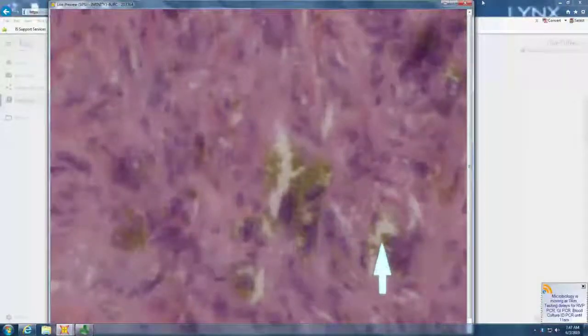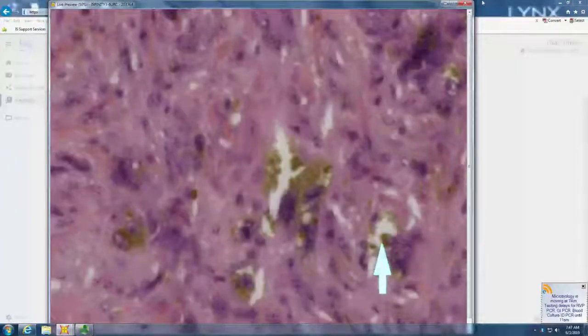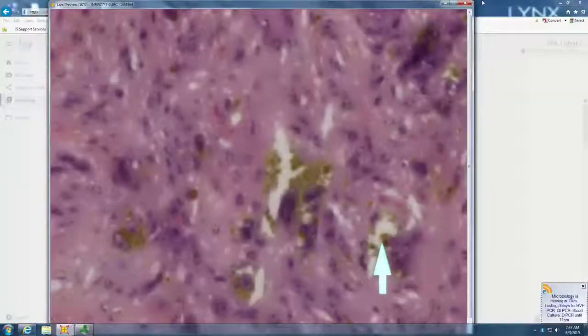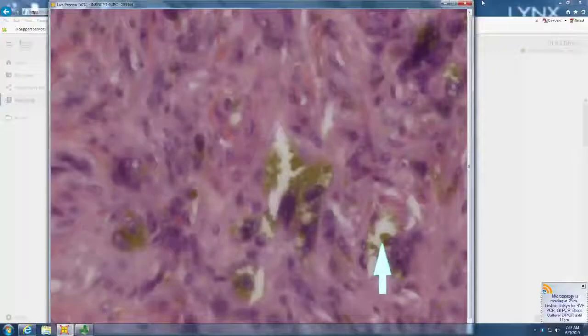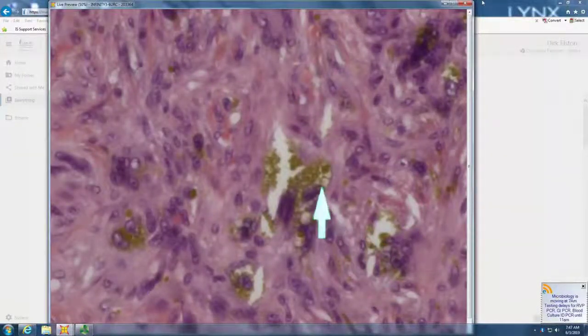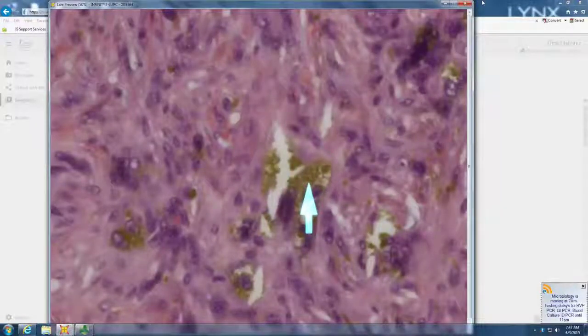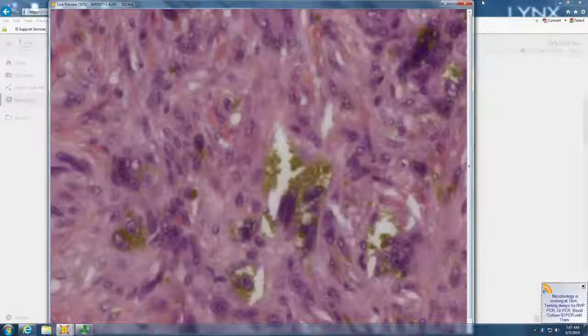If they twinkle at you and they're refractile, and it's hemosiderin, which these do, whereas melanin would not be refractile. Also, the hemosiderin distinctly has just a tiny little bit of a green tint to it, because it comes by way of biliverdin, whereas melanin doesn't have that slightly greenish tint.